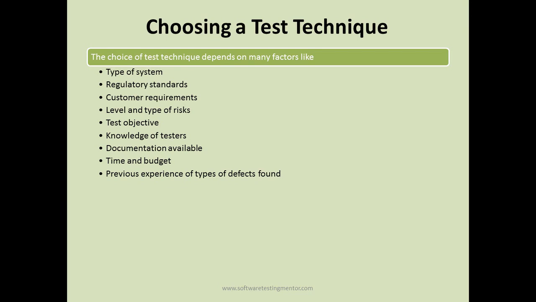For example, the type of system you are testing, the regulatory standards or requirements that you need to consider while you are testing the software, and if there is any specific requirement from the customer that this type of test technique has to be applied while you are testing the application, then the risks or level of risks associated with the software, the test objectives, and the knowledge of testers.